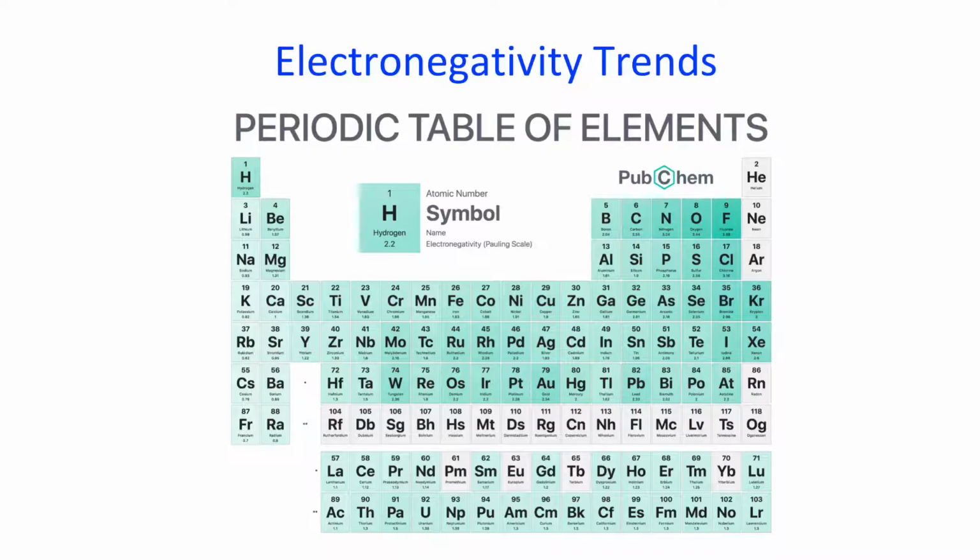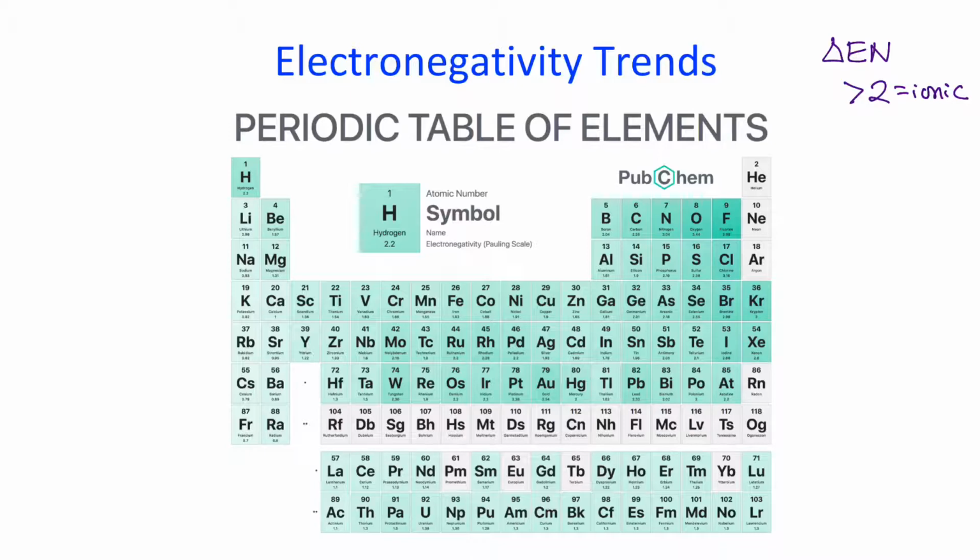Our cutoff for an ionic compound is that you're really looking for a difference in electronegativity of greater than 2.